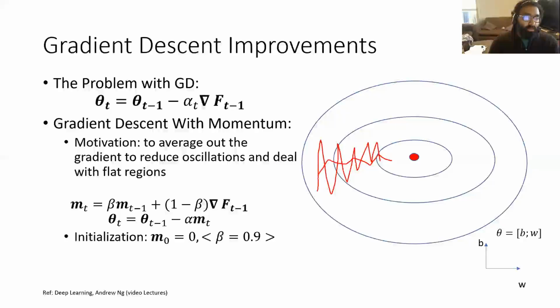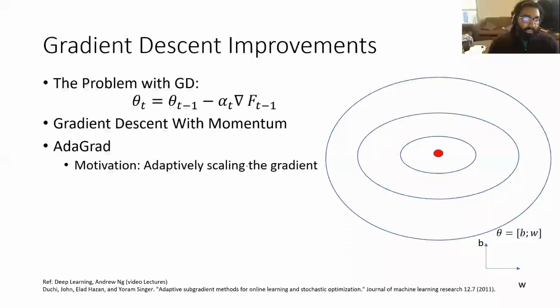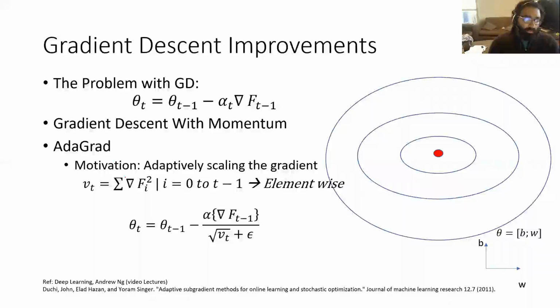Again, to improve the functionality of the algorithm, that is to create an adaptive weight for the different directions, we go for AdaGrad, that is adaptively scaling the gradient. Here the principle is like this. First, you find the element-wise squaring of the gradient.